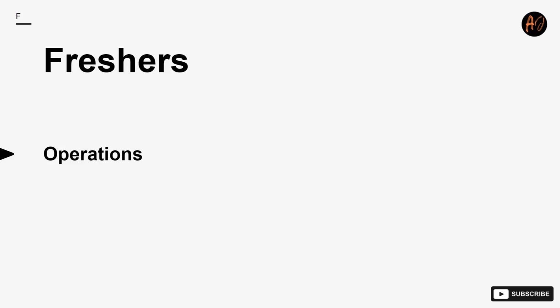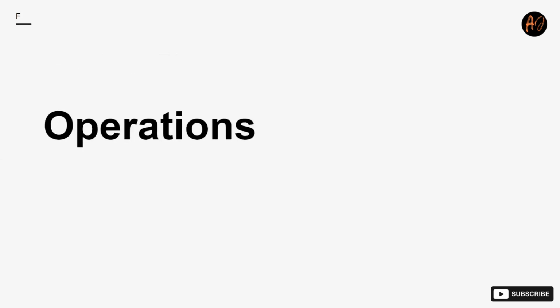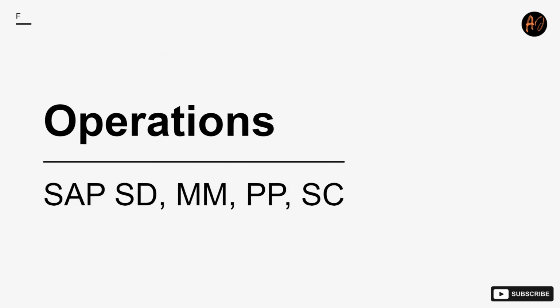Let's go with the first option, MBA operations. The basic modules that you can go ahead with are SAP SD, sales and distribution, material management, production planning, and supply chain management. You cannot learn every course, but I would request you to find the pattern in the market today.